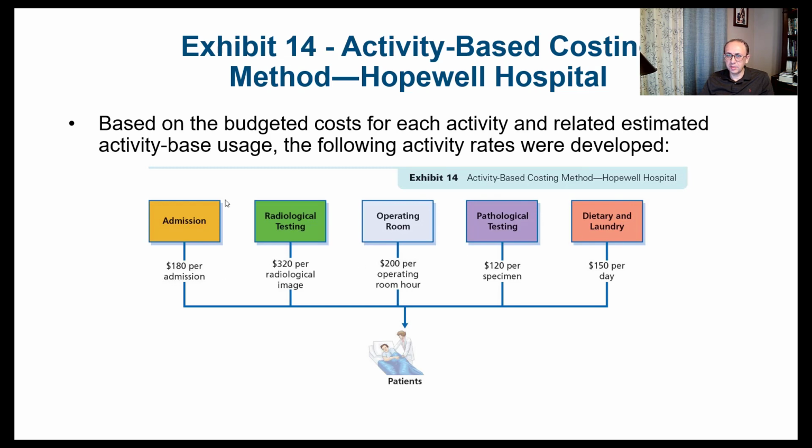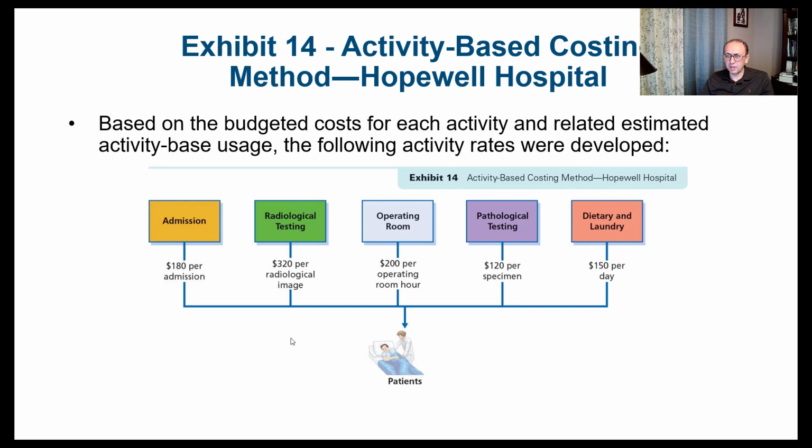You can see here that for admission, the calculation was $180 per admission. For radiology, it's $320 per radiological image. For operating room, $200 per operating room hour. For pathological testing, $120 per specimen. Dietary and laundry, $150 per day. So this is how they're going to calculate this kind of cost per patient.